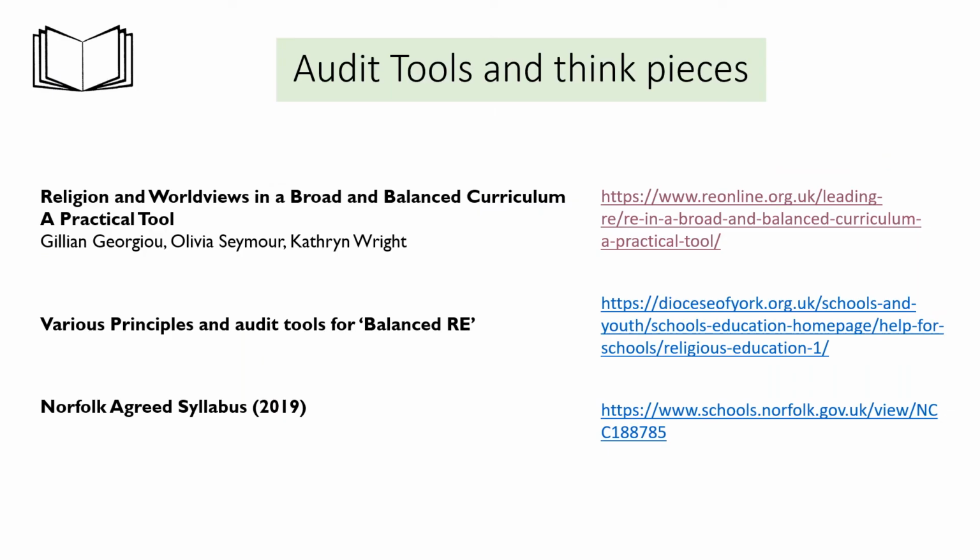Now on this slide I've put on 3 different references which will be really useful, and indeed I found lots of these really useful when I was a subject leader in school myself, in thinking about how to get that balanced RE and how to make sure that the RE experience of pupils had that balance between theology, sociology and philosophy.